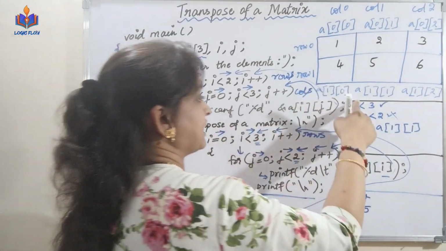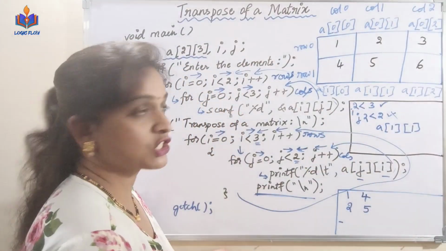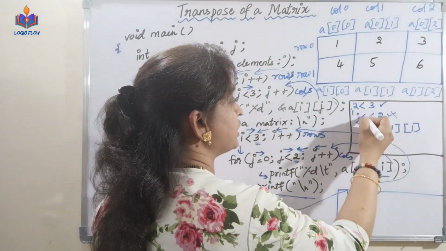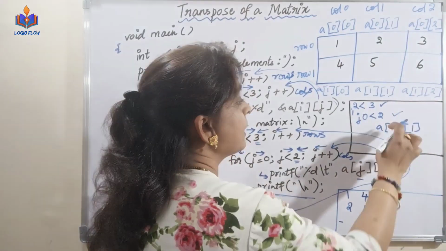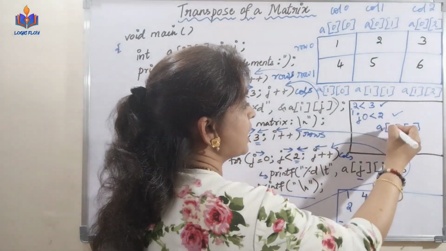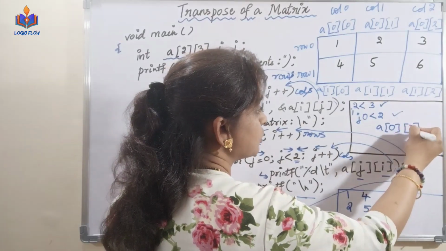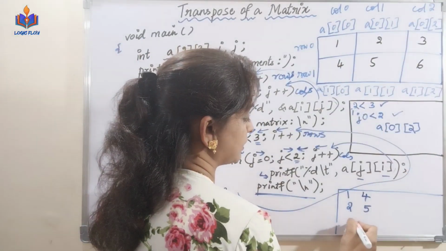i gets increased. i becomes 2. 2 less than 3. Yes. Condition true. Get inside. Start the j from first. j becomes 0. 0 less than 2. Yes. Condition satisfied. Print ji. What is j? It is 0. What is i? It is 2. What is a of 0, 2? It is 3. Print that 3.